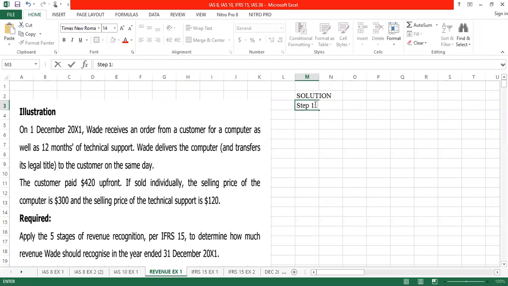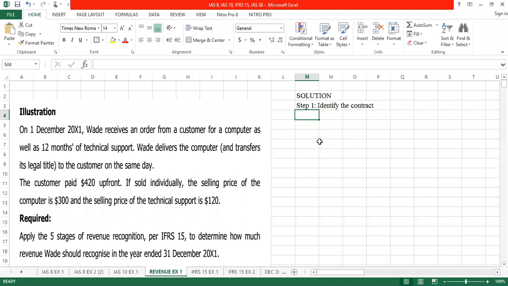So what is step 1? Step 1 is to identify the contract. I hope you remember that. So what is a contract? It is an agreement.